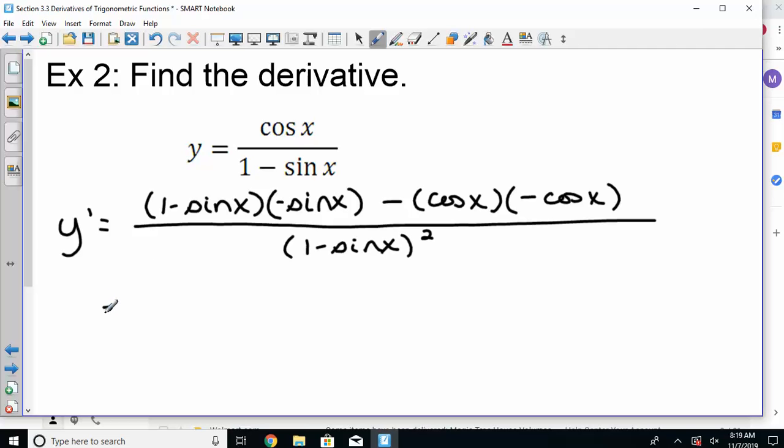So if we start simplifying, if I distribute, 1 times negative sine x is negative sine x. Negative sine x times negative sine x is positive sine squared x. Minus cosine times negative cosine, so that makes plus cosine squared x.